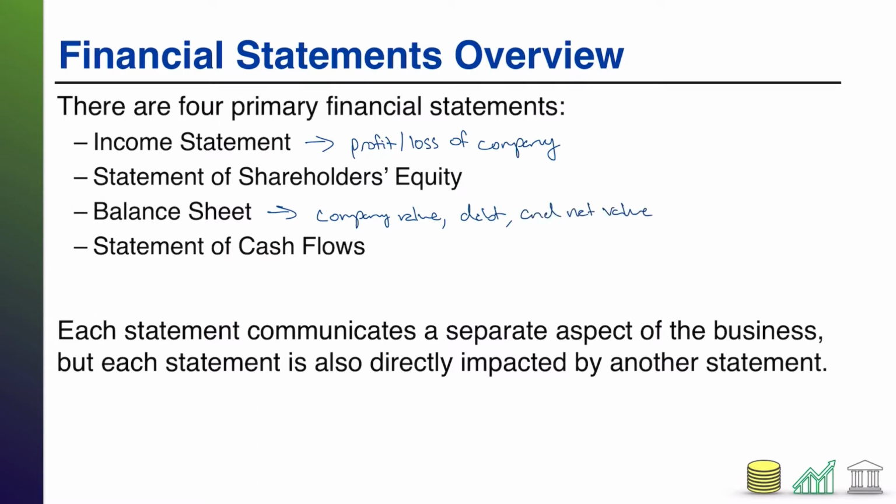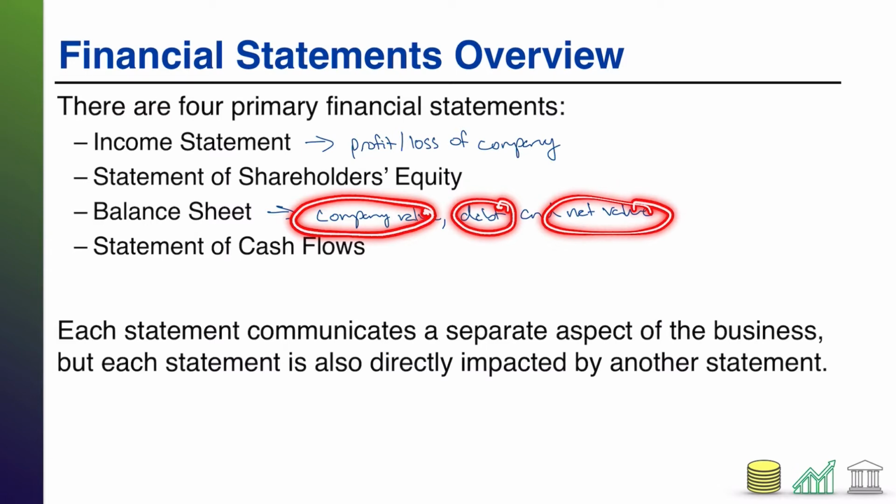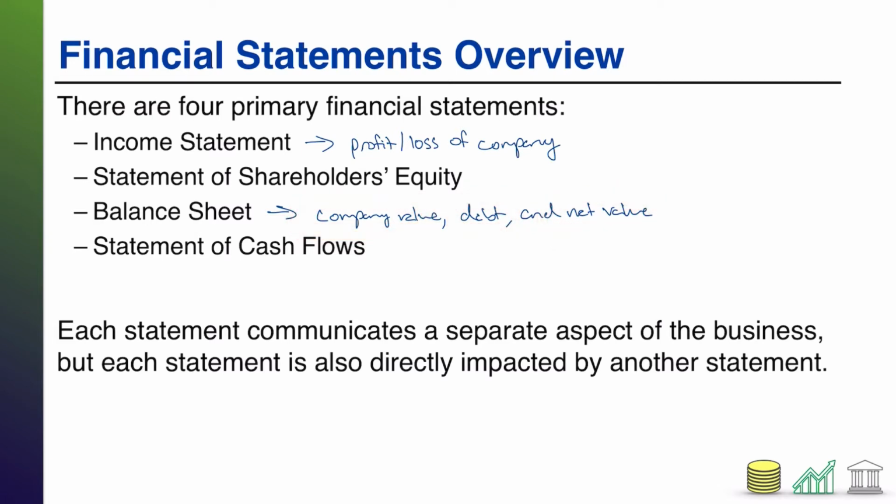Another way to think about that is in terms of the company value or its assets, the company's debt or its liabilities, and the company's net value or its shareholder equity. And then the statement of cash flows basically shows inflows and outflows of specifically cash.